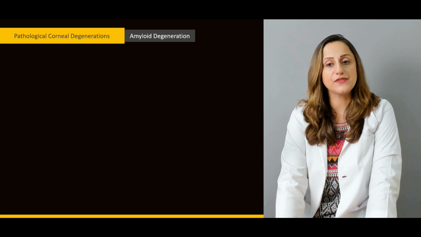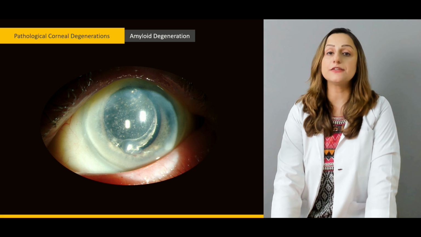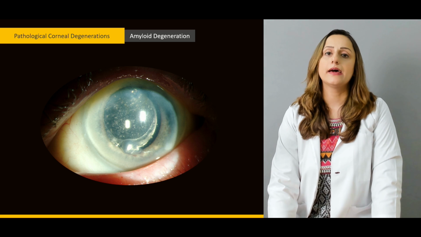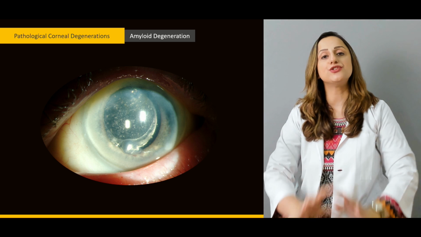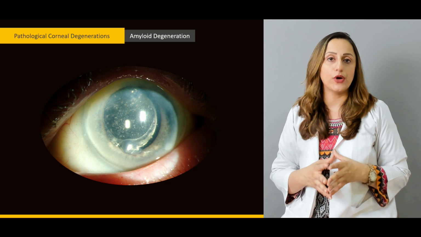Then finally, we have amyloid degeneration as one of the causative factors. The positive findings again over here would be the haziness that is observed in the cornea, the whitish degenerative processes, the whitish hue that is given out, the cloudiness to the cornea.